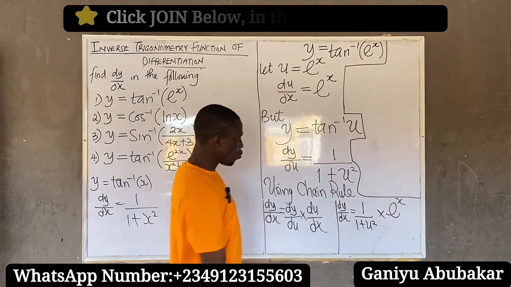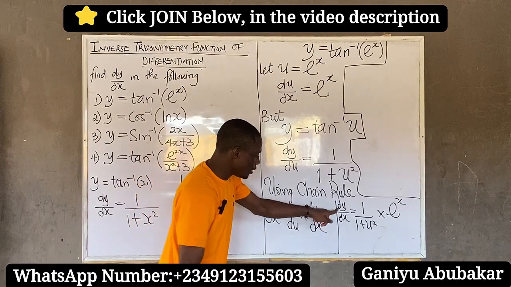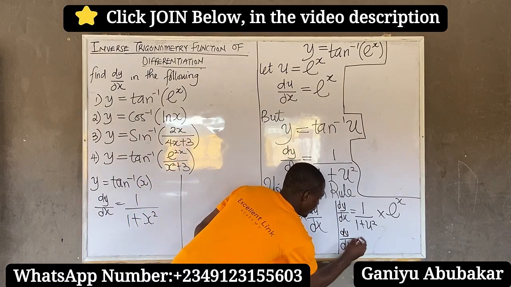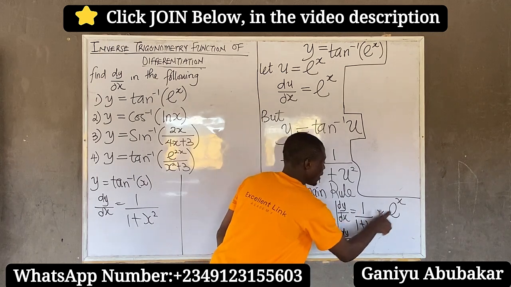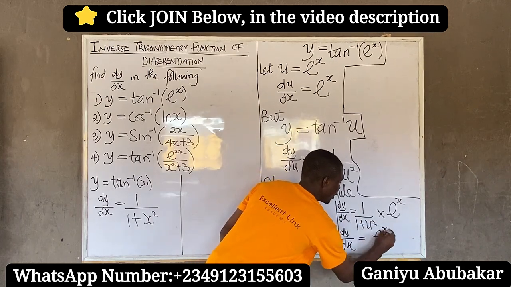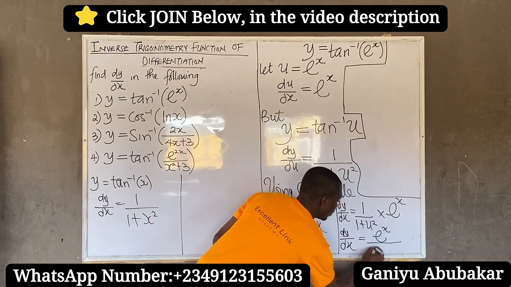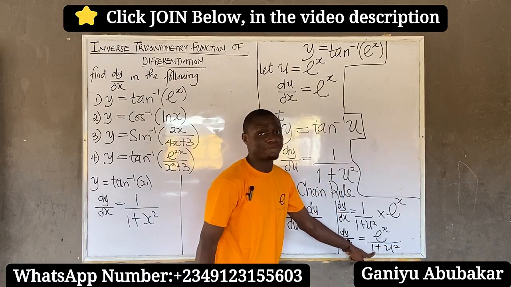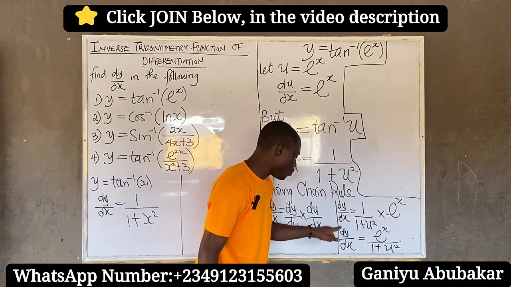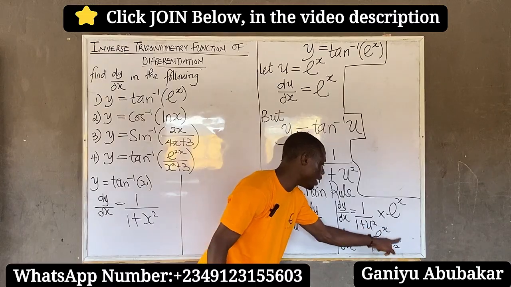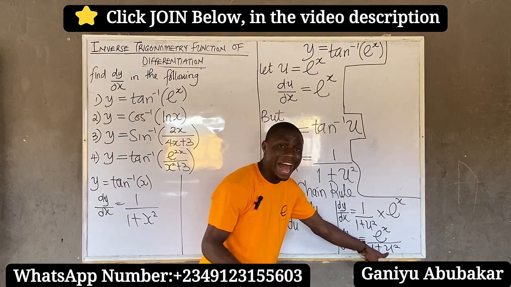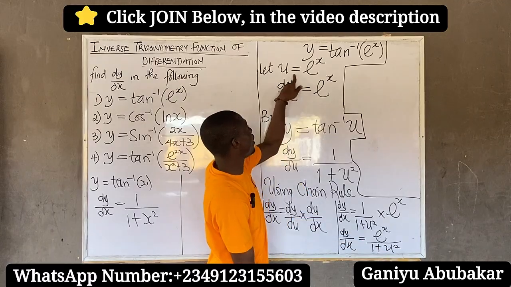So from here, observe please, dy dx is equal to 1 times exponential x, which gives you exponential x all over 1 plus u squared. I can't leave this as my answer because I'm having dy dx. It means everything here must be in terms of x. So this u has its own value, that is exponential x.